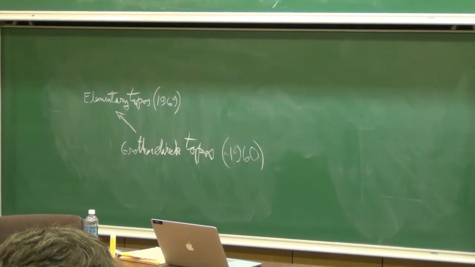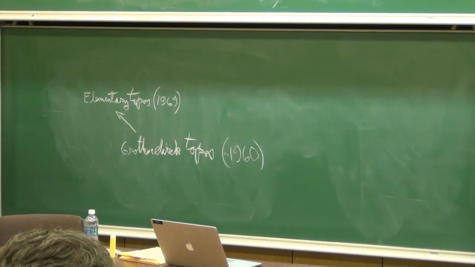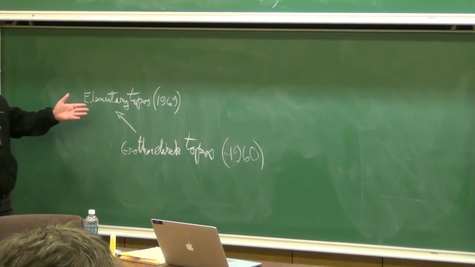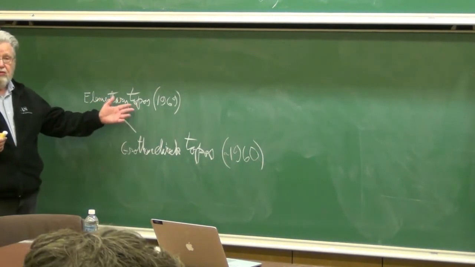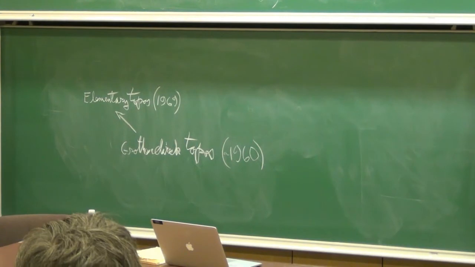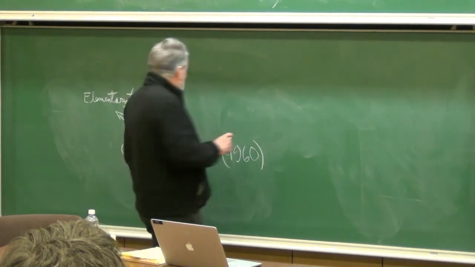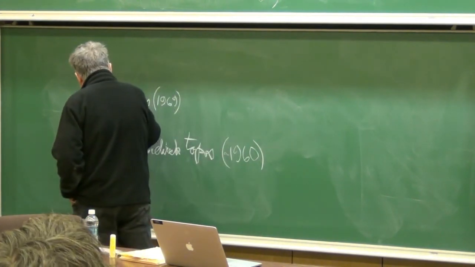On the face of it, the notion of elementary topos is quite different in some sense from the notion of Grothendieck topos. It's not even clear that it should be called a topos, but it was called a topos from the very start. And so we are used to call that a topos, but I will discuss that a bit later. So this is the first mutation.